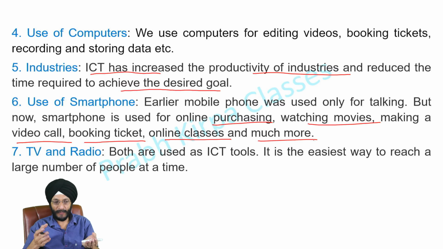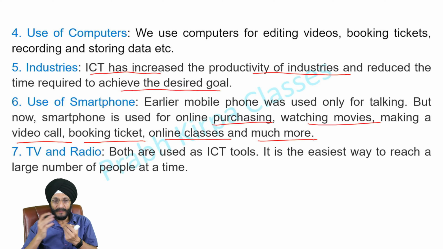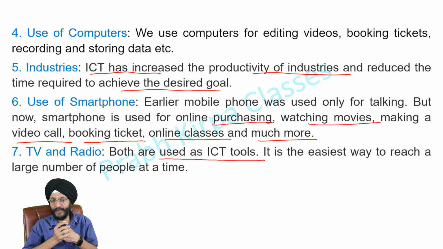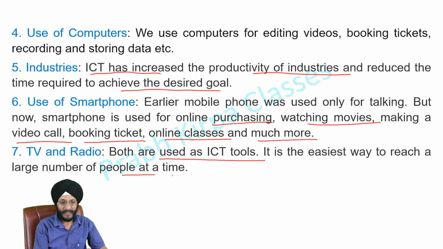We are using smartphones for the purpose of Facebook, WhatsApp, and other purposes. TV and radio both are used as ICT tools. TV and radio are the easiest way to reach a large number of people at a time.